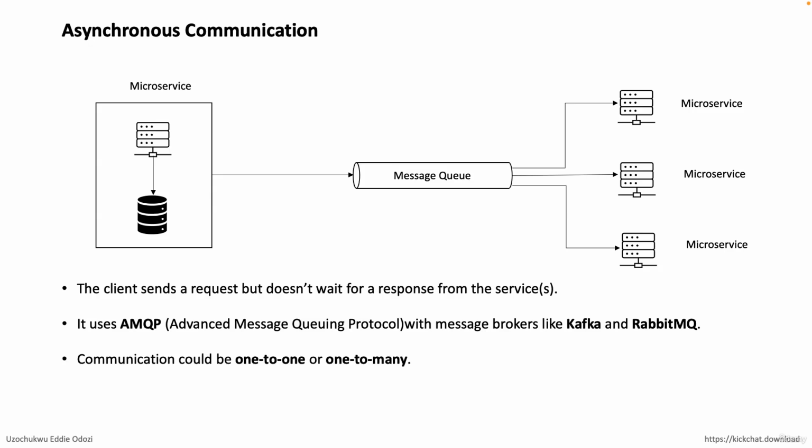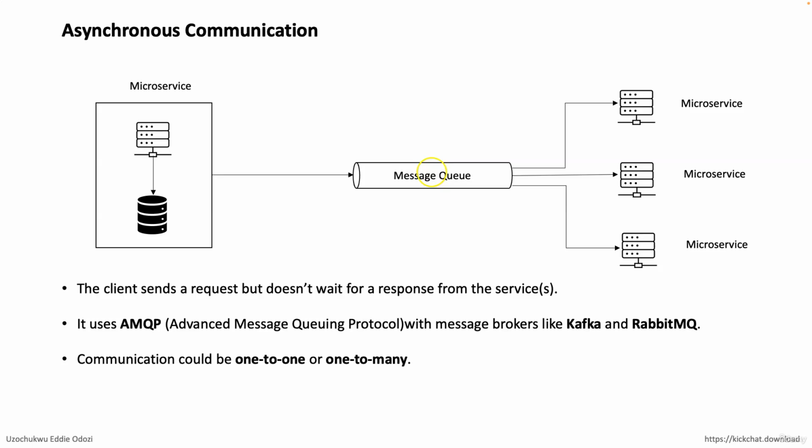And lastly, communication could be one-to-one or one-to-many. Now, in the diagram, the communication type used is one-to-many. So the client sends an event or a message and it's being listened for by many microservices or many consumers.